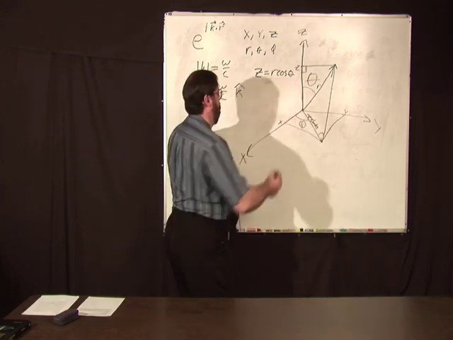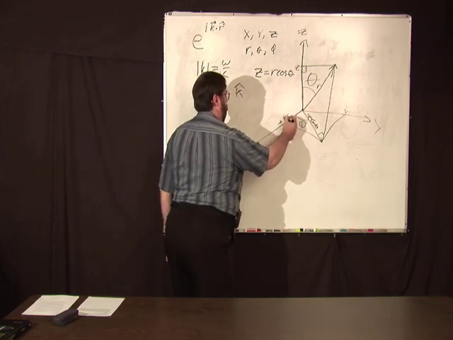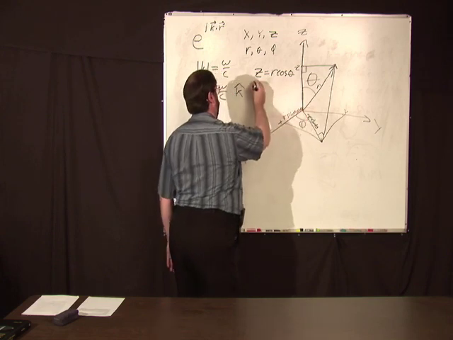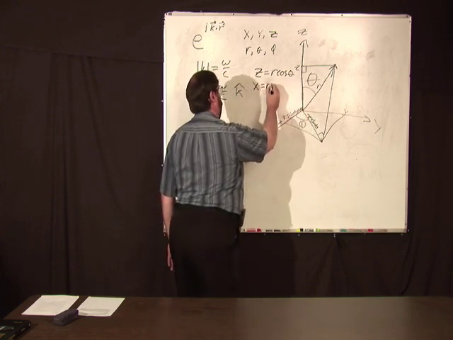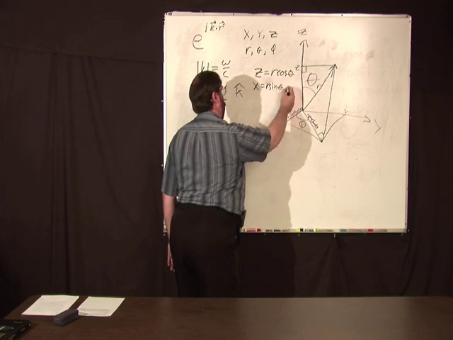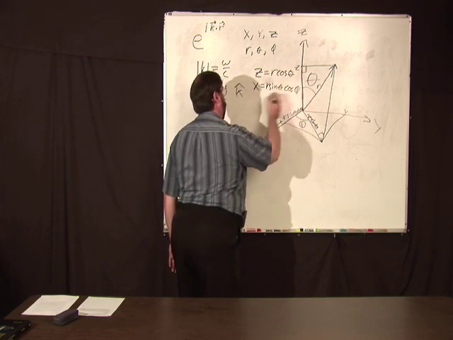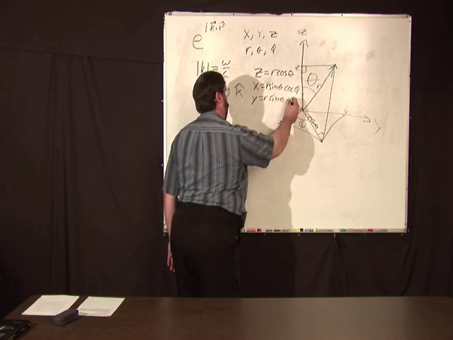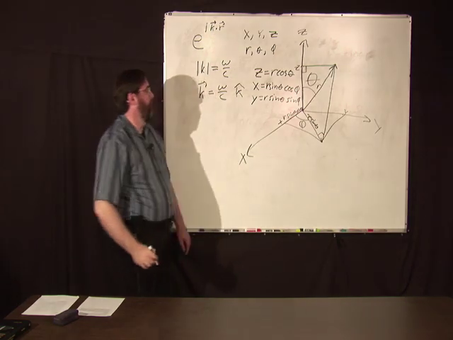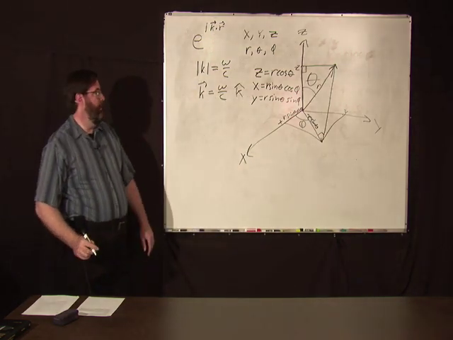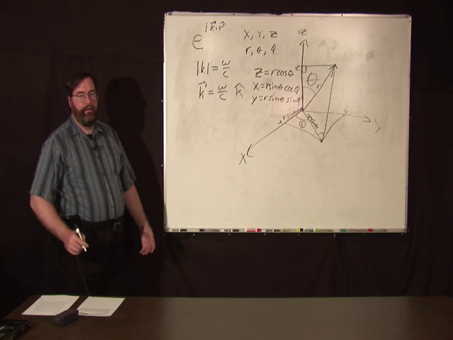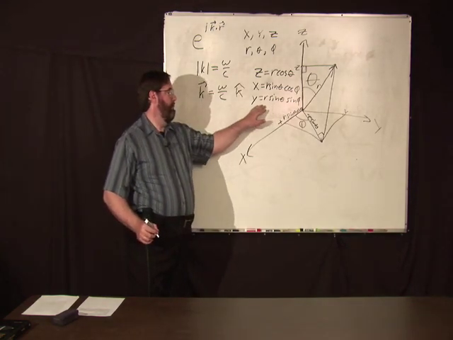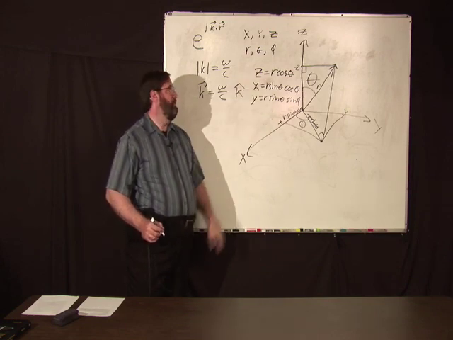So the projection of that into the x-axis is r sine theta cosine phi. So we've got x equals r sine theta cosine phi, and y is r sine theta sine phi. Okay, so those are just two ways of describing a vector, and this is the relationship between the spherical coordinates and the Cartesian coordinates.